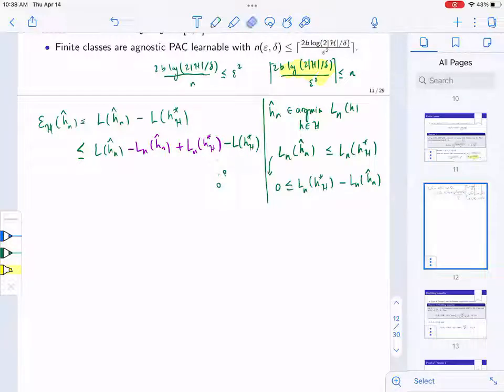However, this one is problematic. You remember why this is problematic? I can't use the law of large numbers on this. H hat n varies, and worse, h hat n is dependent on L n as well. It's like evaluating the random function at a random point which depends on the function and also varies.